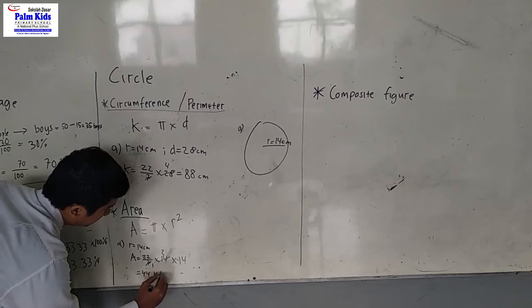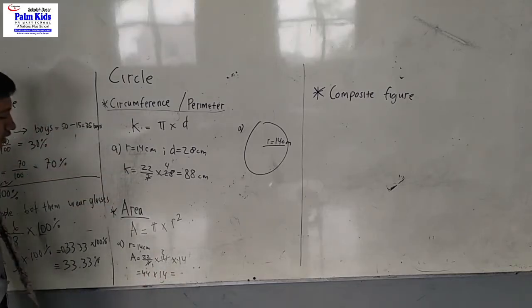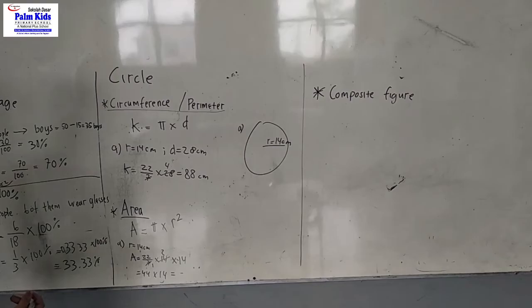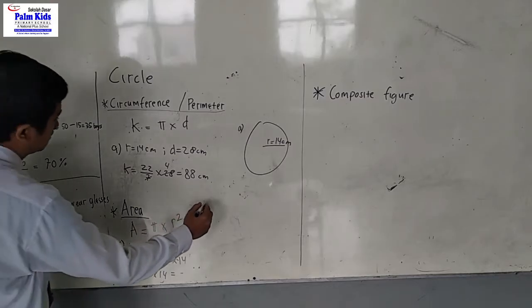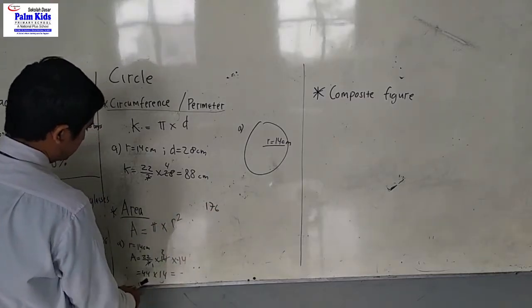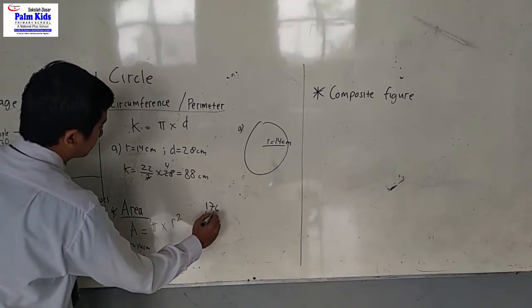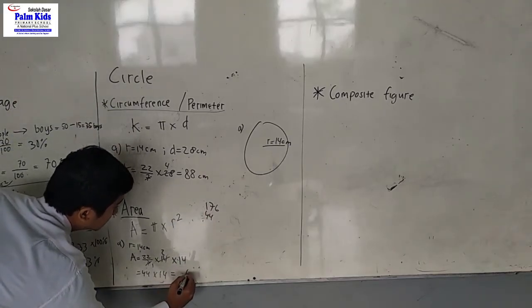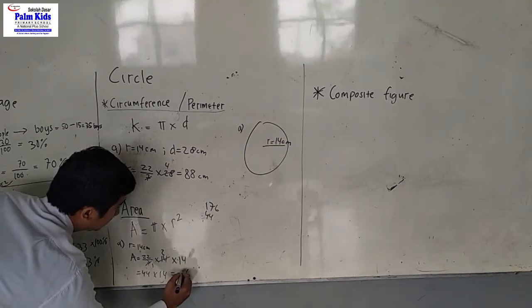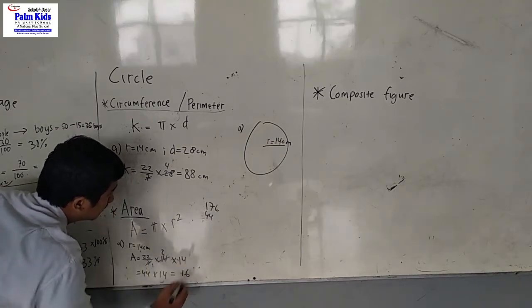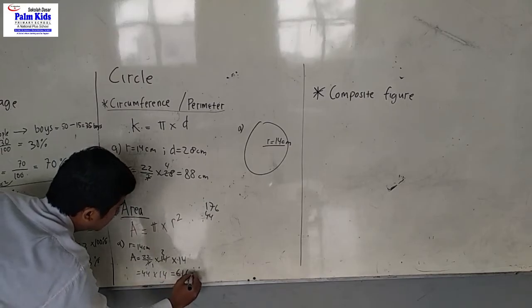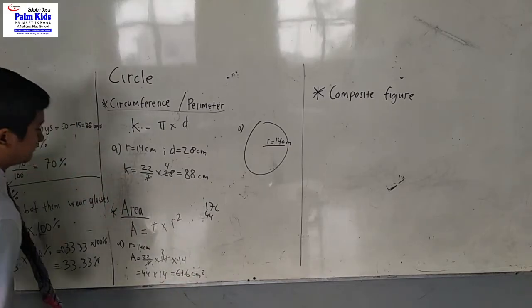And then you multiply it by 14. 4 multiplied by 44 is 176, and then 440. So you get 616 centimeters squared.